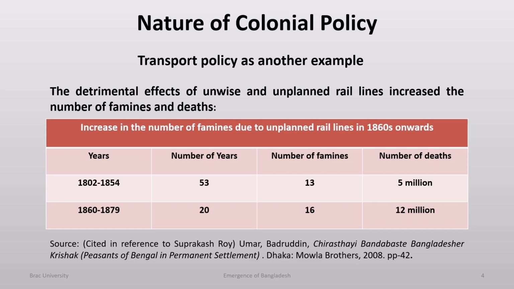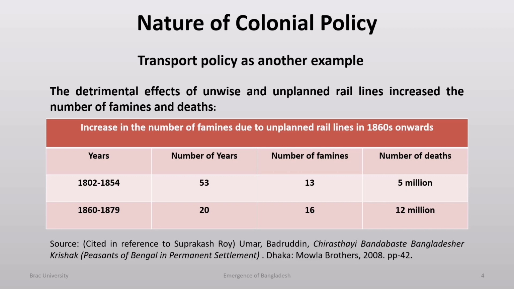The British introduced steamships on the rivers and set about improving roads. A Grand Trunk Road from Calcutta to Delhi was completed in the 1850s, but the most significant inclusion in the transport system was the introduction of the railways.